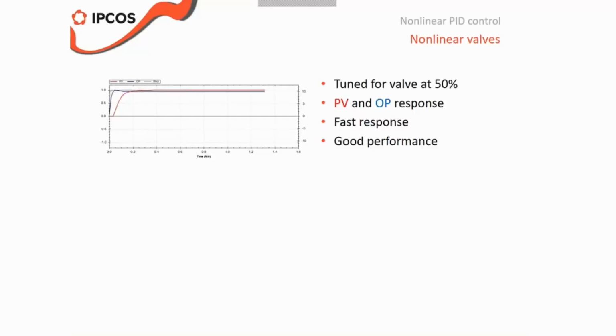It goes to the set point, and as it is a flow controller, it takes about 20 seconds to reach the set point. Blue is the response of the output of the valve, which is a very nice response. It shows a bit of overshoot, not a problem for a flow controller. So looks good. Fast response, good disturbance rejection.